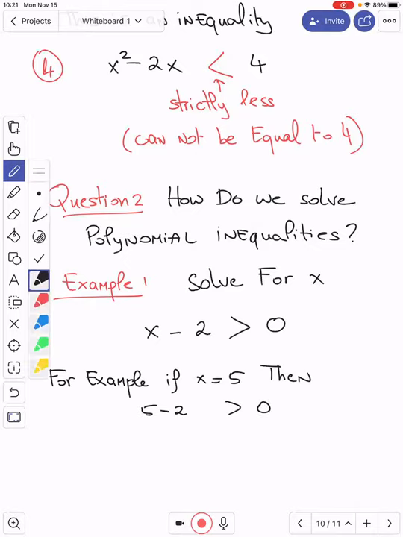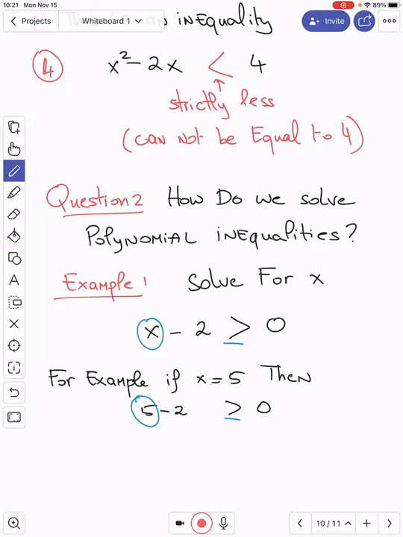If you just replace this x by 5, then 5 minus 2 is larger than 0. So it satisfies this inequality, right? Because we need x minus 2 to be strictly larger than 0.